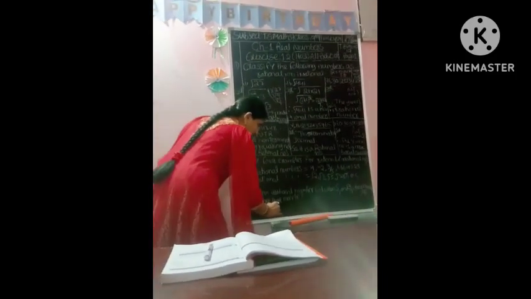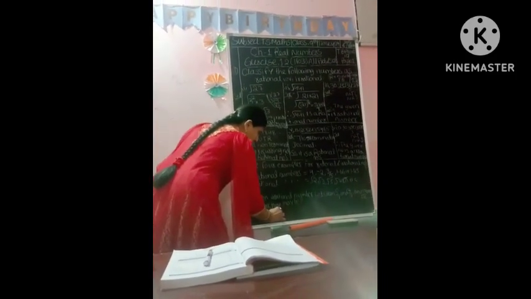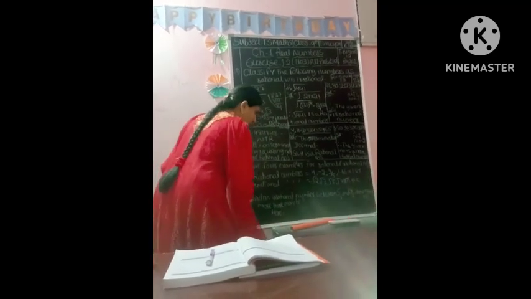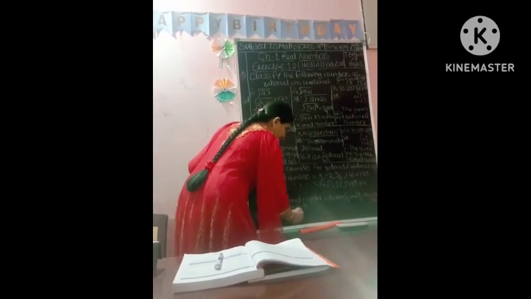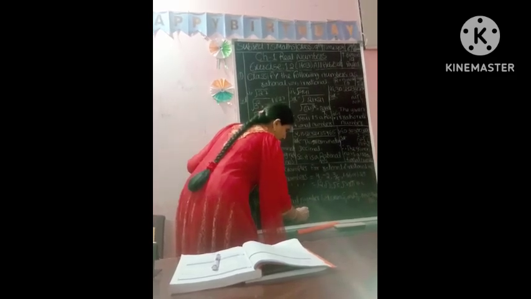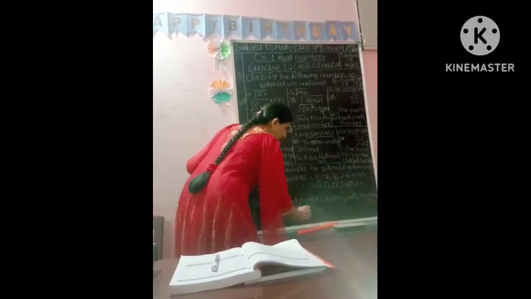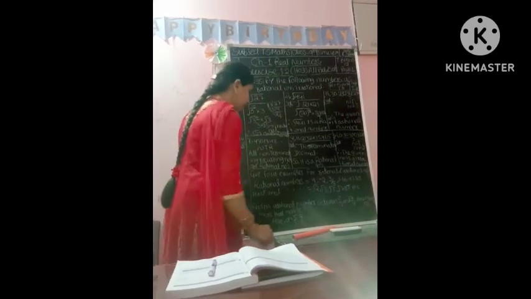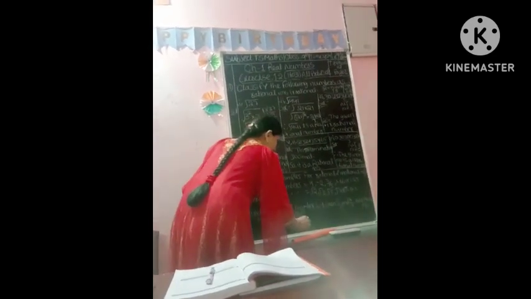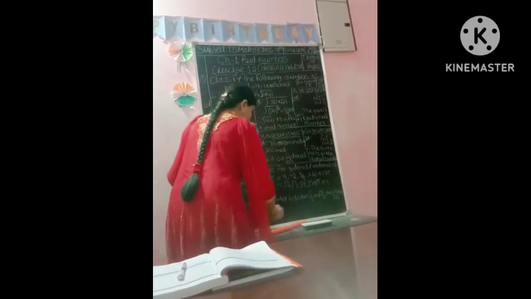Here A and B are 2 positive rational numbers. So A equals 5/7 and B equals 7/9.